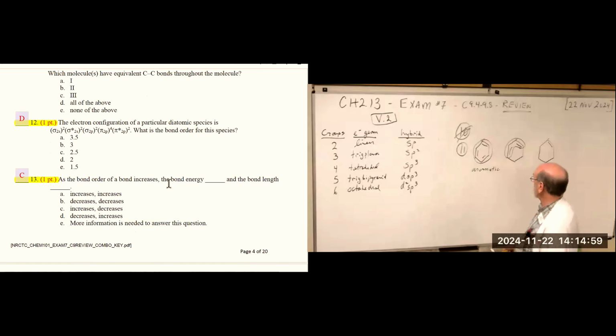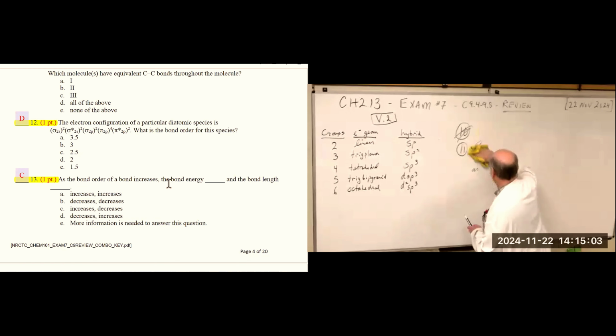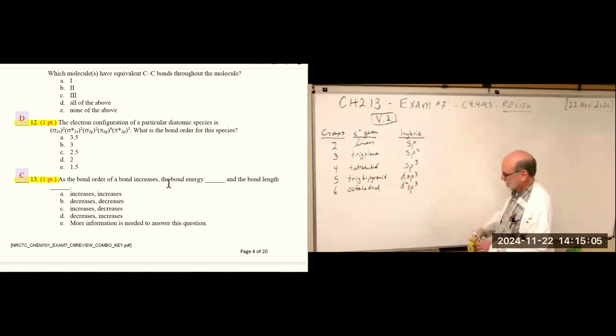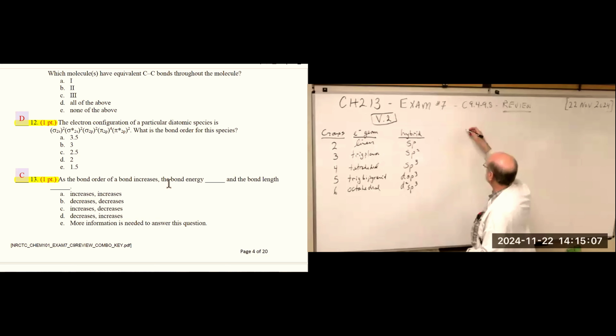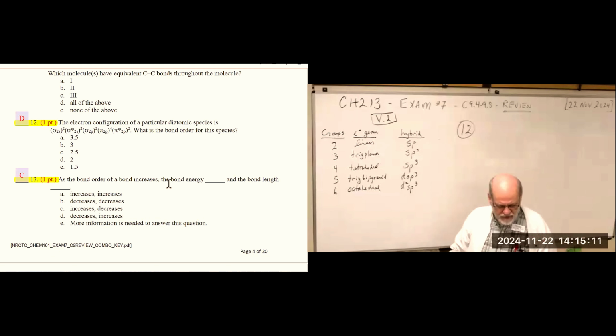All right, go to number 12. The electron configuration of a particular diatomic species is this. What's the bond order for this species? All right. Let's see.